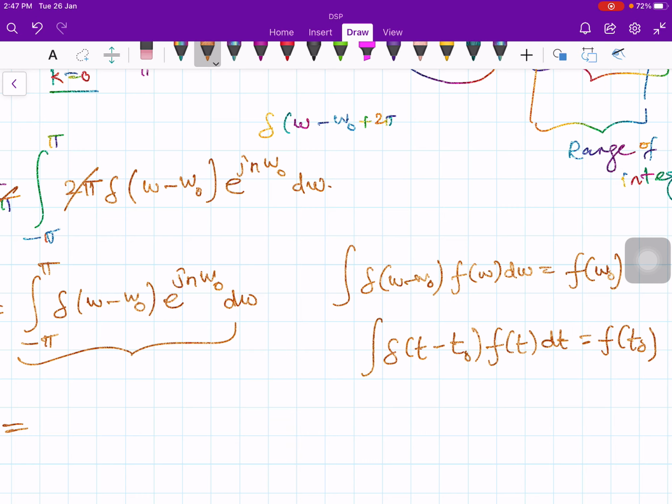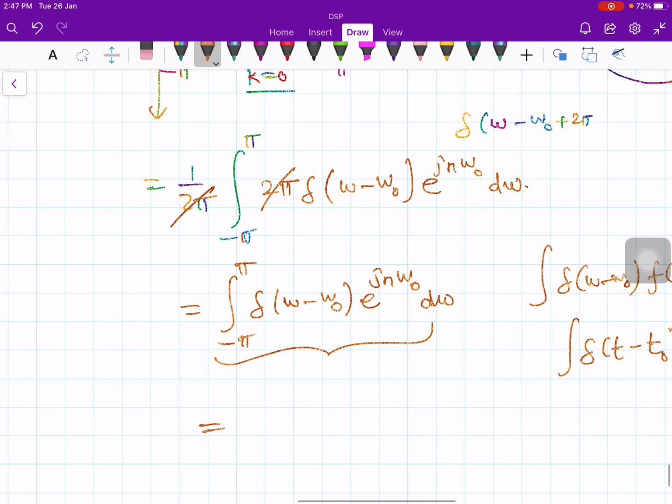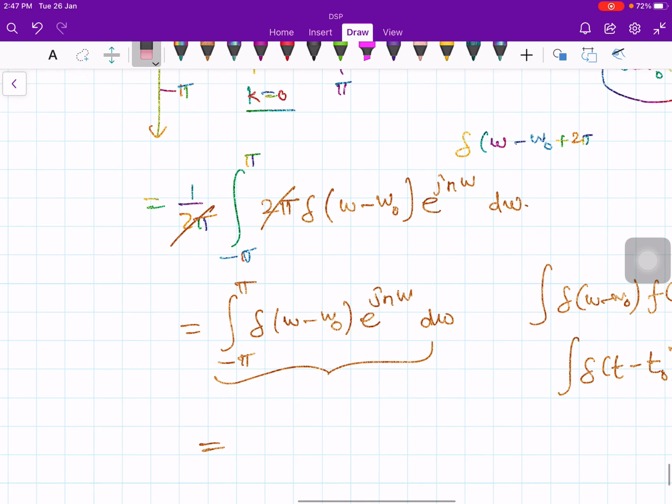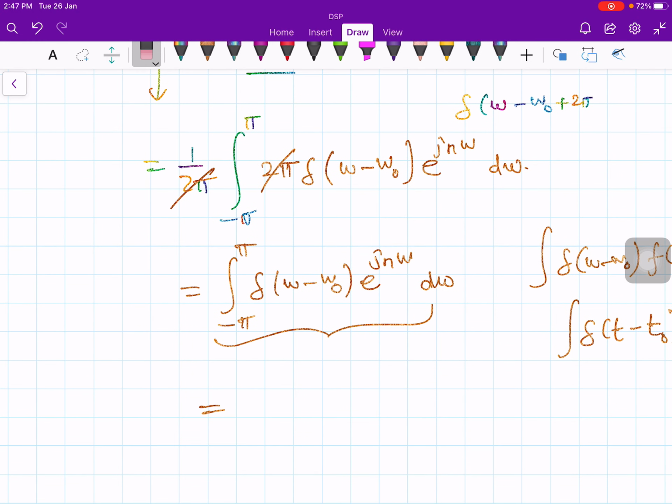This is a result which you recall from your signals and systems course. This we proved also. I'm sorry, this is not omega naught actually, by the way, this is omega. Yeah, same mistake I am repeating. Therefore, this omega is replaced by omega naught. So you will get e to the j n omega naught. So x of n is equal to this value.